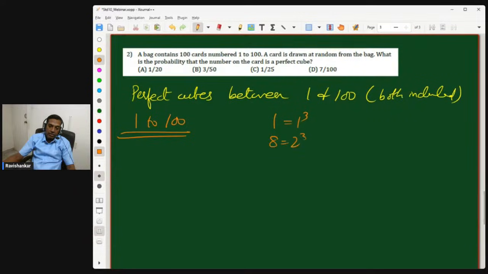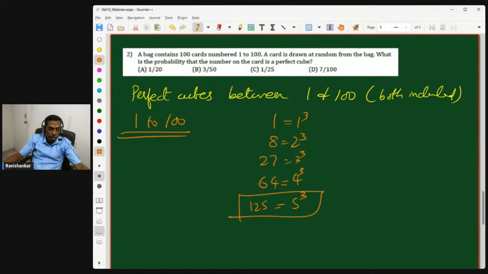Then 8 is 2 cube. Then 3 cube is 27. 4 cube is 64. Now 5 cube, if you look at it, is 125, and we cannot include 5 cube. So there are only 4 perfect cubes.